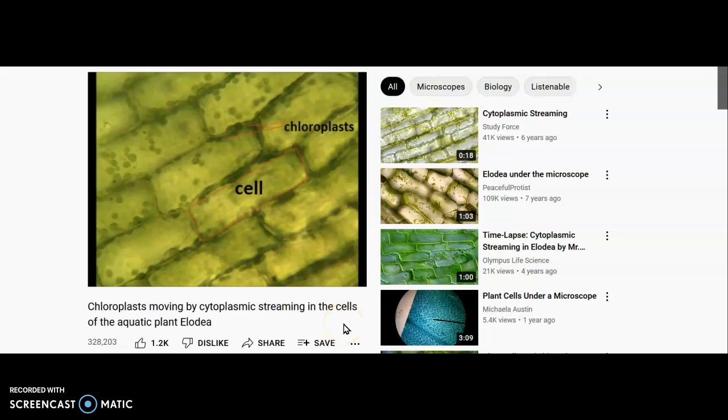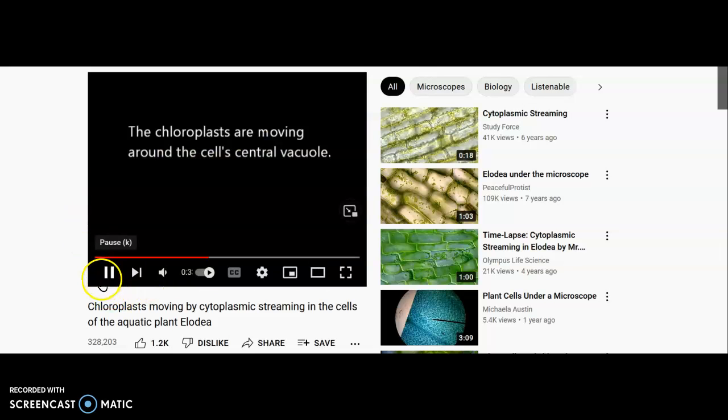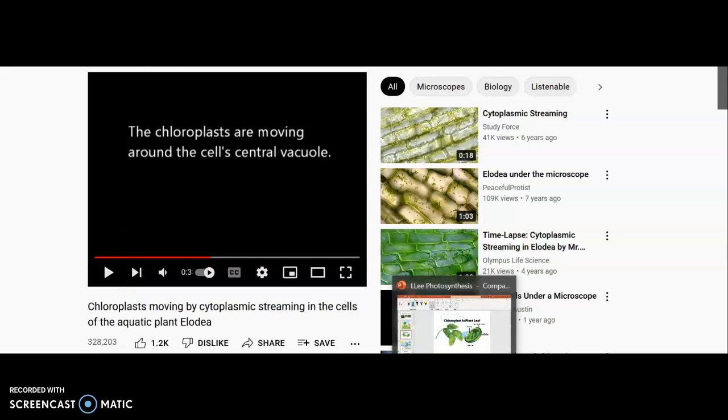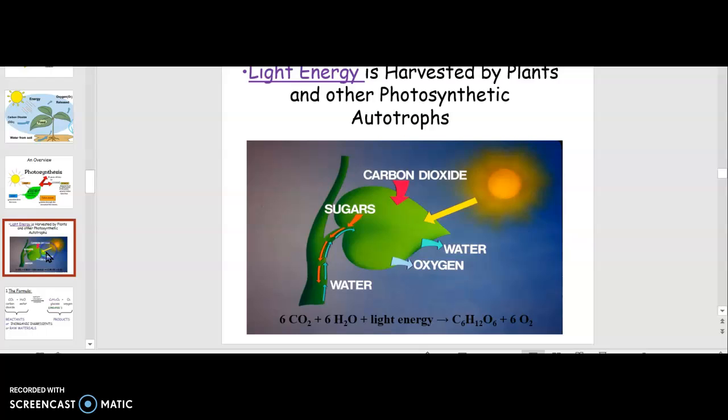This is a type of plant that you'll see in the water, and it's very, very easy to see the cells. These cells are just like little rooms, and that's what all plants are made of. They're made of plant cells, okay? So it's important to know about the chloroplasts because they are a huge part in how this plant makes food.